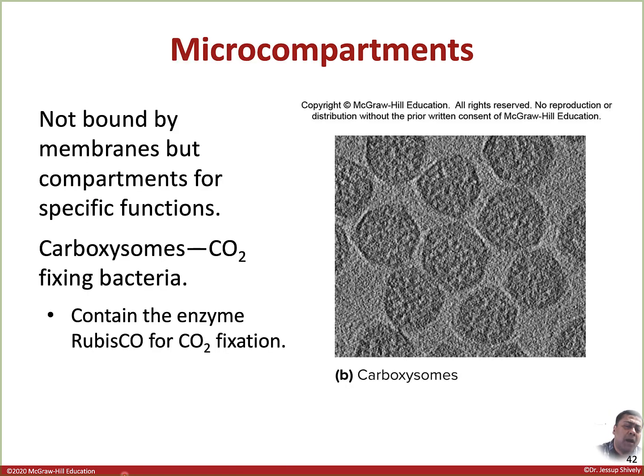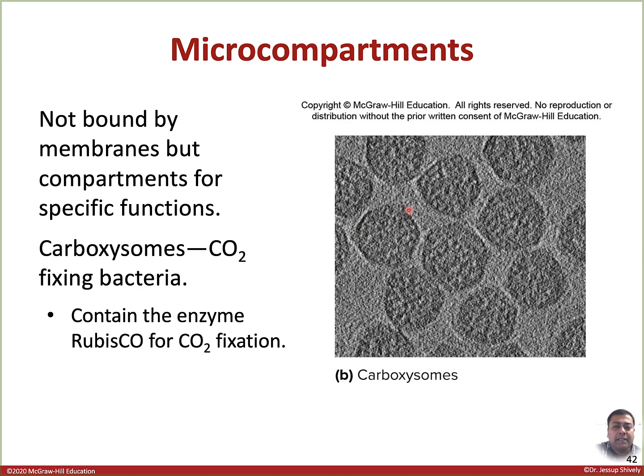So the microcompartments are not bound by membranes, so they are really not true organelles as such. A classic example of one of these microcompartments is the carboxysome. And these are present in the carbon dioxide fixing bacteria. That means these are autotrophs which can fix carbon dioxide by either chemical or photosynthetic methods.